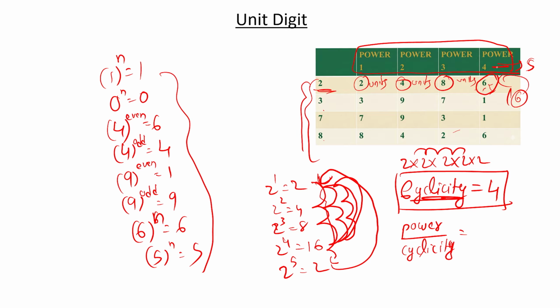We'll get the value of the remainder, and all we need to do is n power remainder, whatever the number whose power we are calculating, with the remainder as its power, and we'll get the answer. Its units place is our answer.